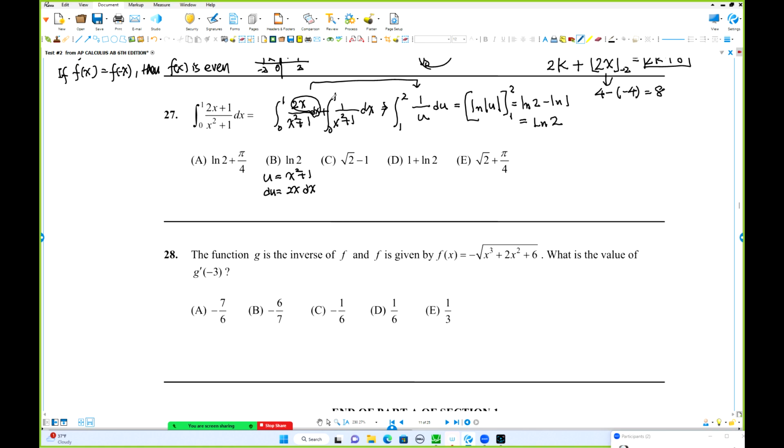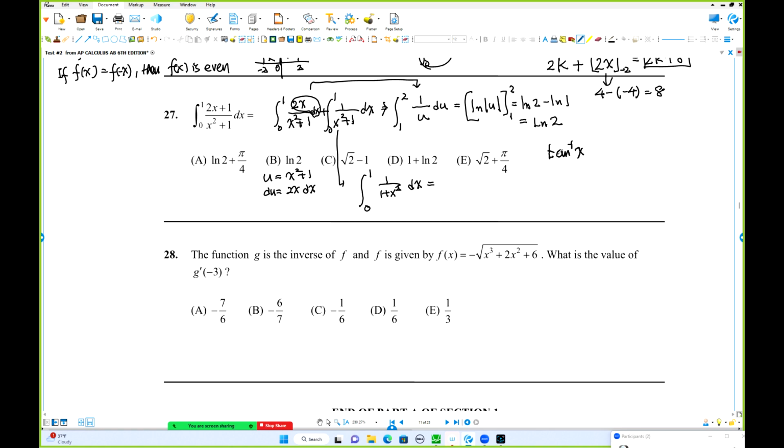Now the second term, take note of the next one, this one. Integral from 0 to 1 of 1 over 1 plus x squared. I'm going to switch to 1 plus x squared, because this is the familiar form there. What is the antiderivative? Do you remember?